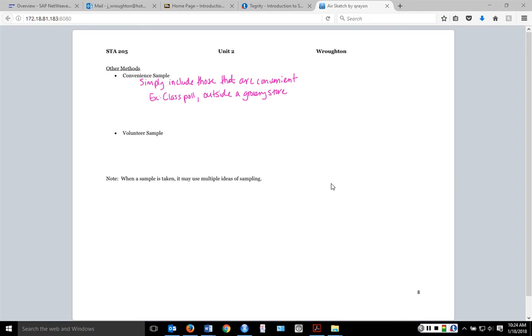A volunteer sample is, again, just what that sounds like. You simply ask for volunteers. And I'm going to specify a little bit more about this. So people seek you out.